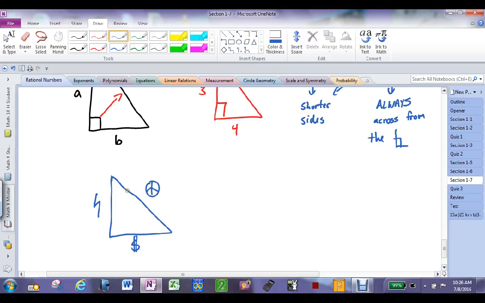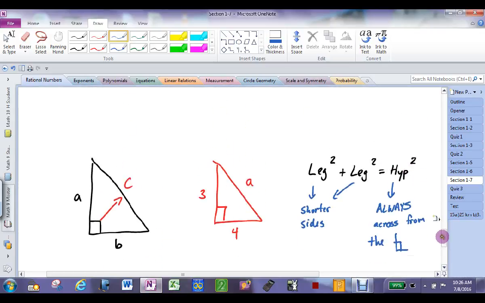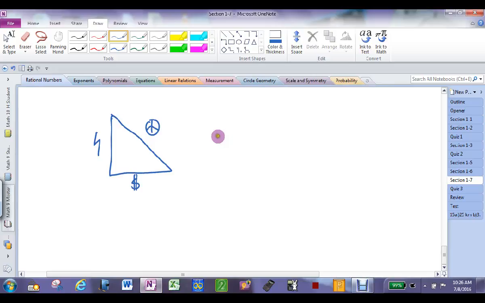So what is this guy? All of you told me, A squared, B squared, C squared. I told you don't do it that way. I said leg, hypotenuse. So what's this guy? Lightning bolt squared, plus money sign squared equals peace sign squared. Okay? Everybody with me?